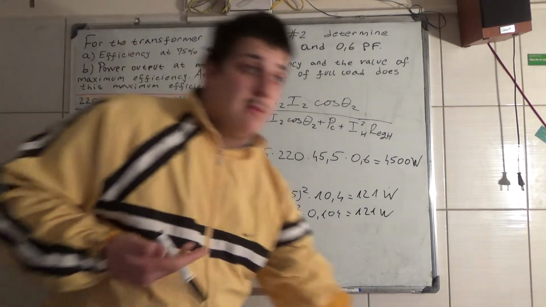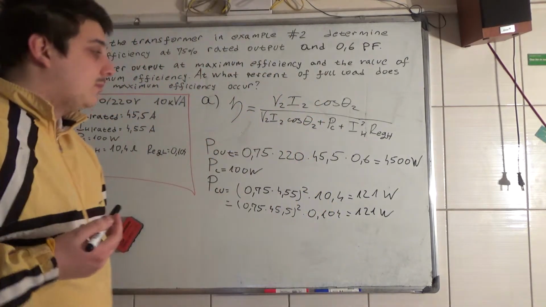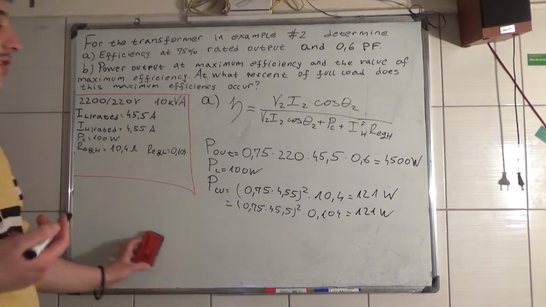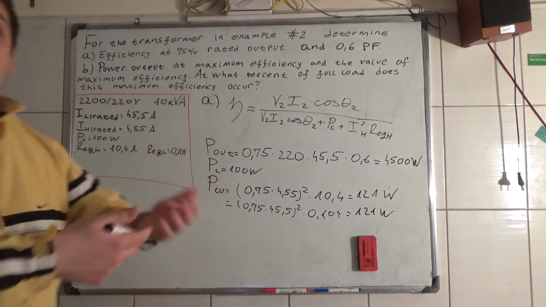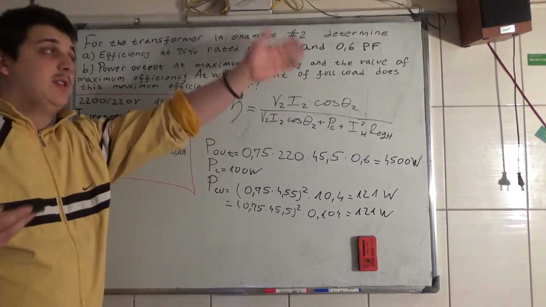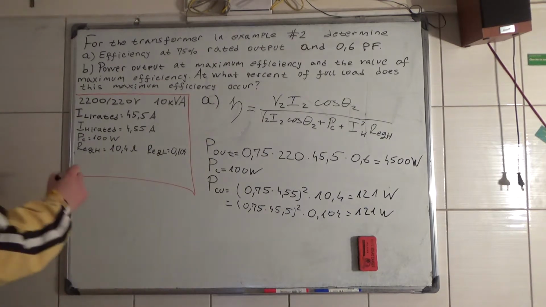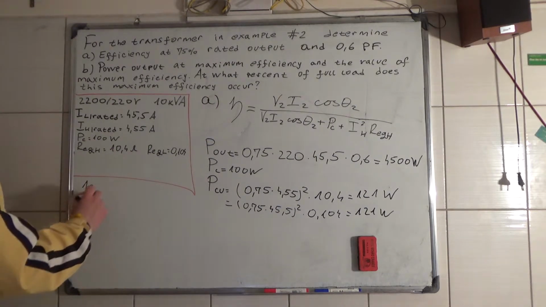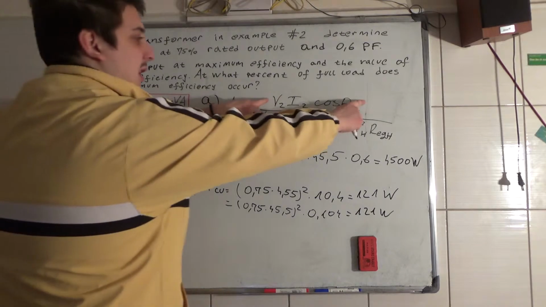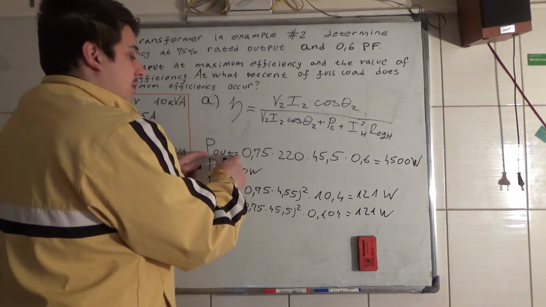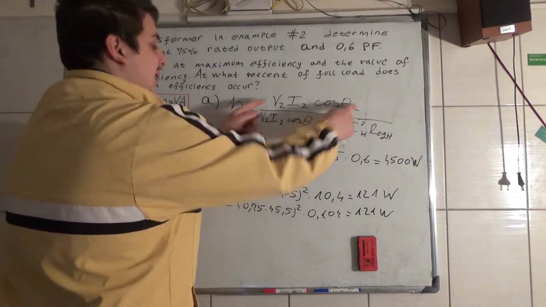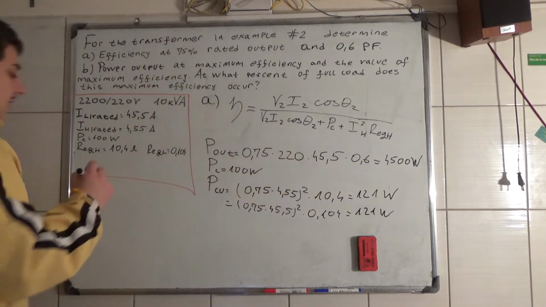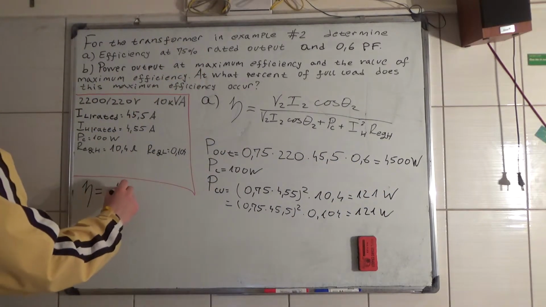So now we can measure the efficiency of the transformer when we have 75% of the load and a power factor of 0.6. Now for the efficiency, this here is actually the P out, the output power. This is actually 4,500 watts.